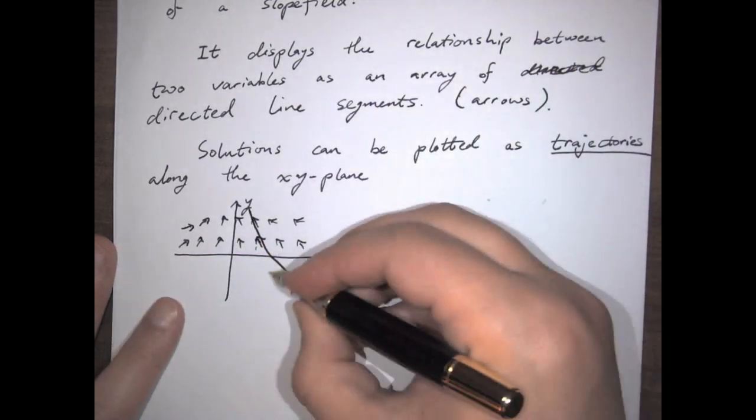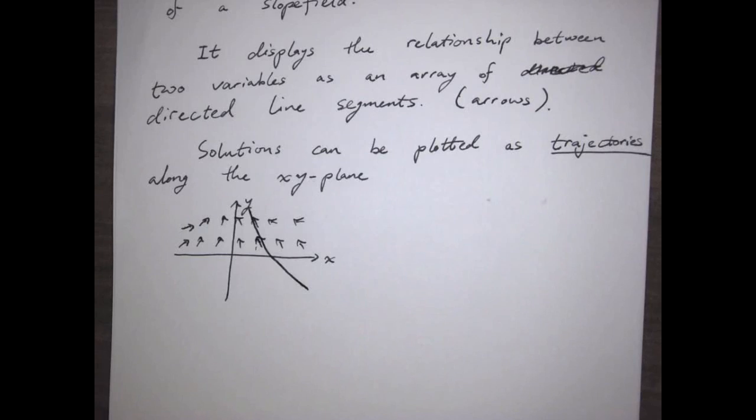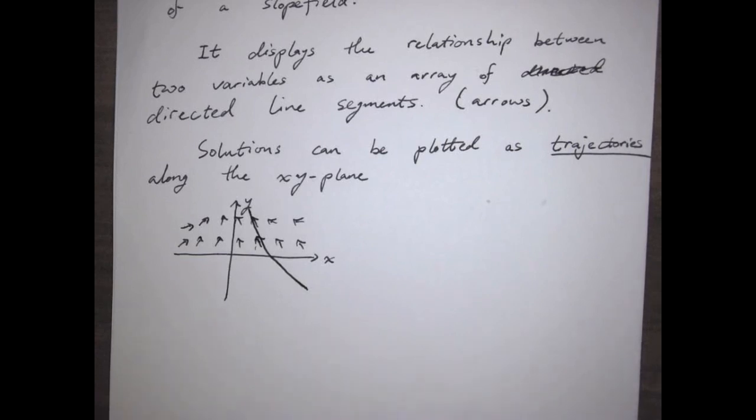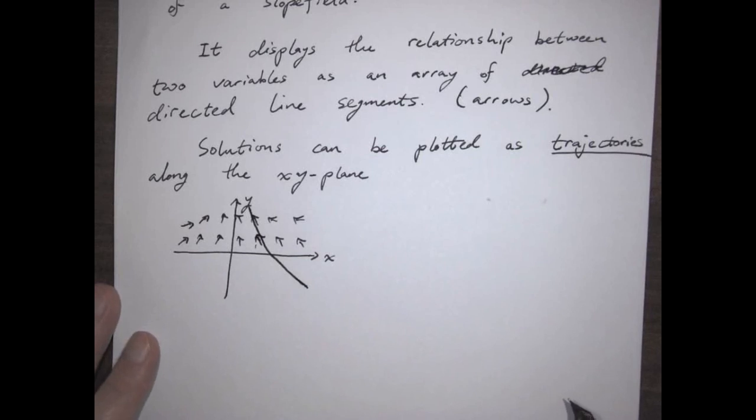So it obeys the direction of the arrows, and then all of the points on this trajectory represent a pair of values x and y that would be associated in this particular solution.